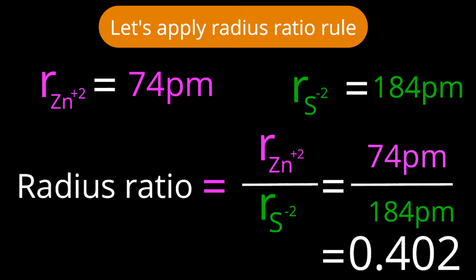As per our definition of the radius ratio rule, the ratio between 74 and 184 is 0.402. Pay attention to that number 0.402, and this number is between 0.225 to 0.414.